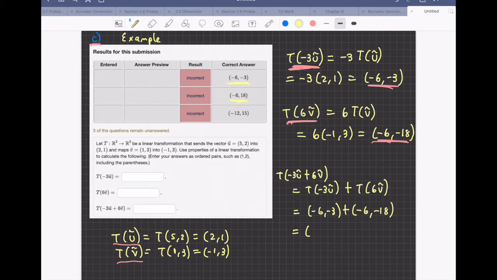It will be the first element with the first element, negative 12, comma, negative 18. Oh, I'm sorry. I think I made a mistake here. This is 18, right? Positive 18. Yeah, I'm sorry. So this will be positive 18. So negative 3 plus 18 is 15. And there you have it. This is the answer.